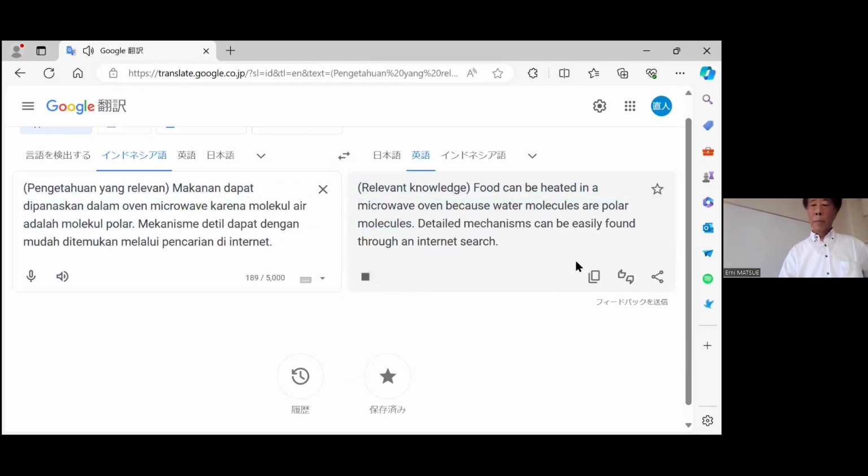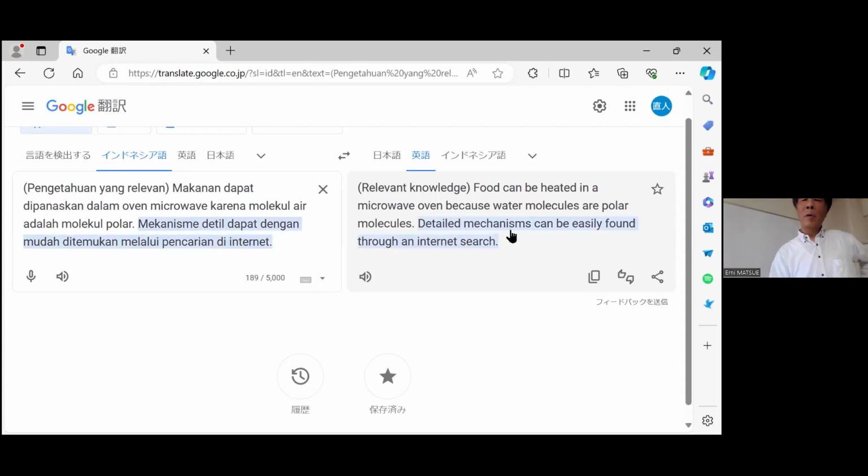Relevant knowledge: food can be heated in a microwave oven because water molecules are polar molecules. Detailed mechanisms can be easily found through an internet search. I use a microwave or oven every day for cooking. You also use a microwave.